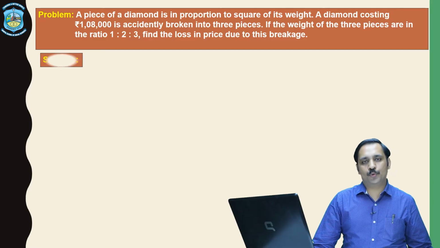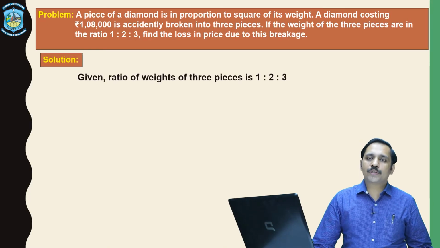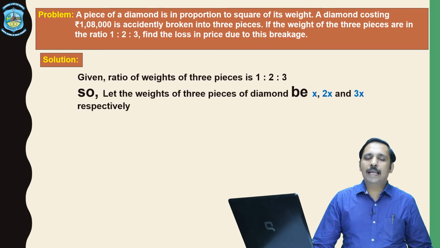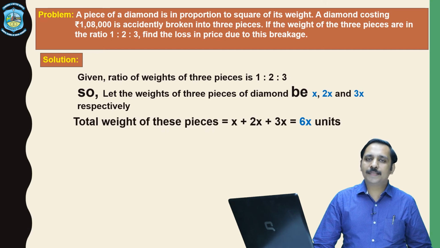Let us take the solution. Given the ratio of weights of 3 pieces is 1 is to 2 is to 3. So let the weights of the 3 pieces of diamond be 1x, 2x and 3x respectively. Here the total weight of all the pieces is 1x plus 2x plus 3x, which is equal to 6x units.